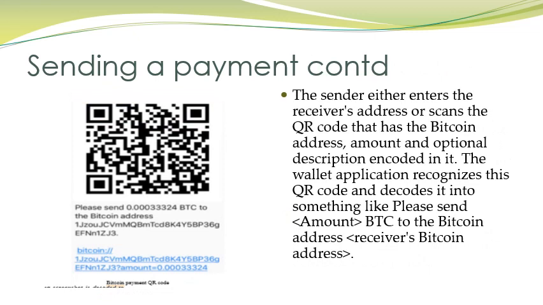The sender will enter the receiver's address into the wallet software, or scan the QR code that has the Bitcoin address, amount, and optional description encoded in it, and the wallet application recognizes this QR code and decodes it into something like, please send me this amount, however many bitcoins the person wants from you.